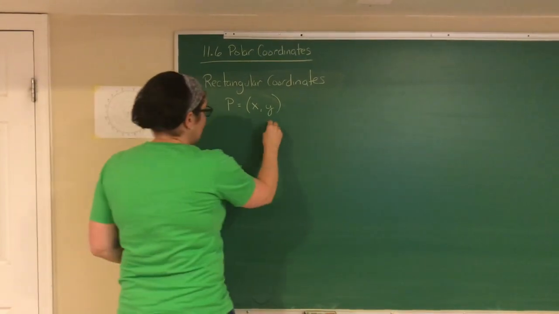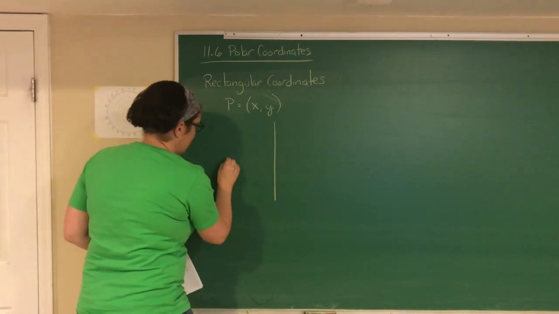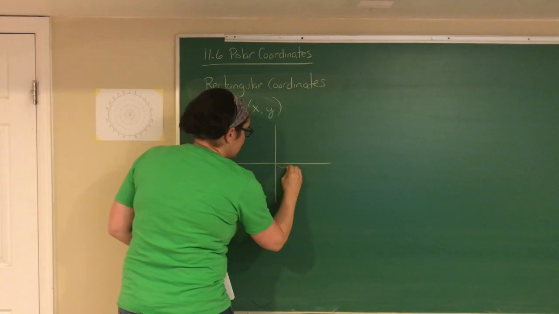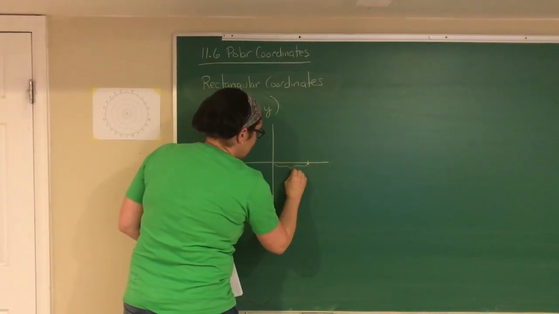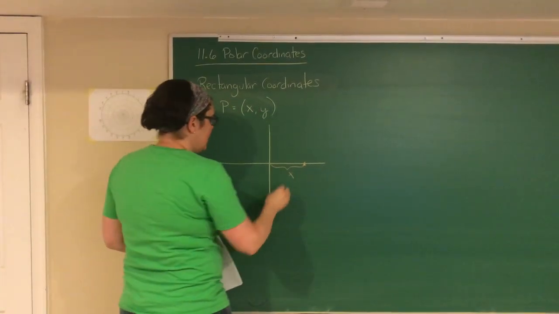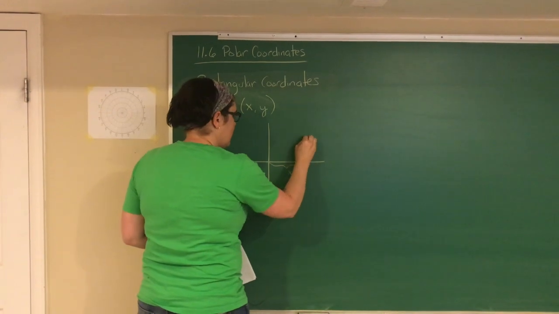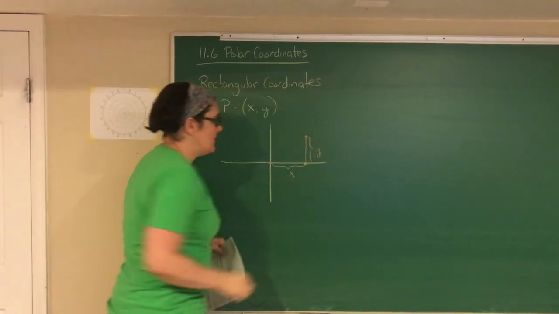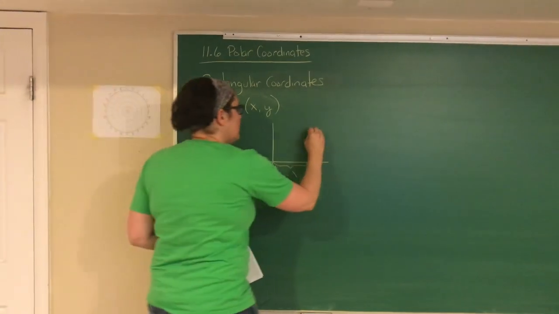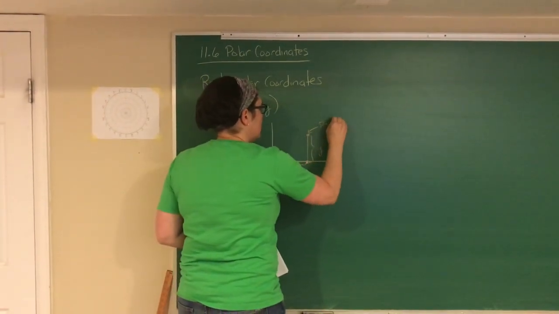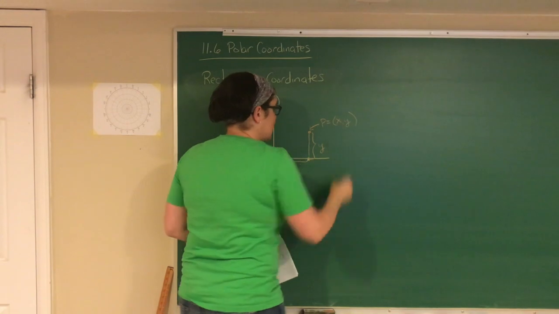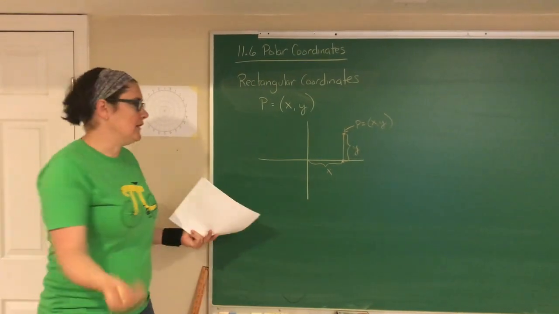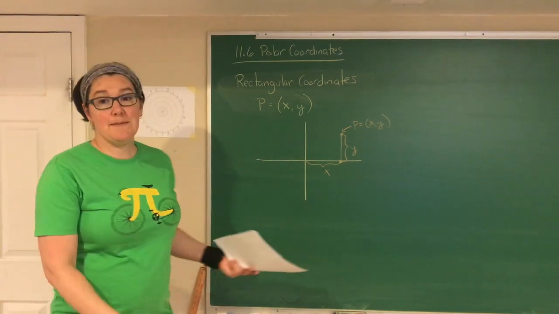And if you wanted to plot a point like the point x comma y, then you would move a distance of x in the x direction, and then you would move up a distance of y in the y direction, and then you would plot that point, and that would be your point P equals (x, y). All right, so this is rectangular coordinates, and you've been doing a lot with rectangular coordinates for many, many years.